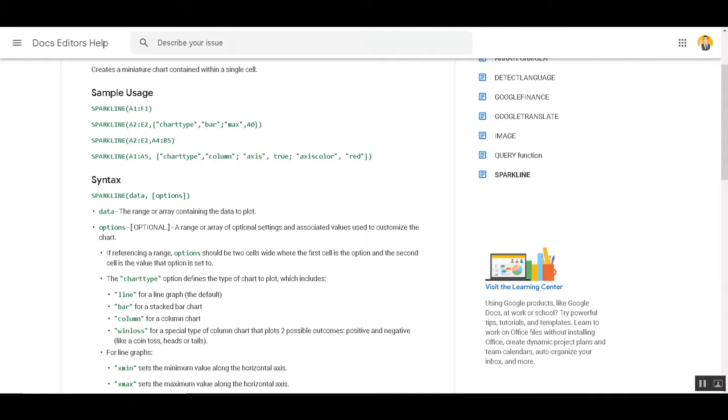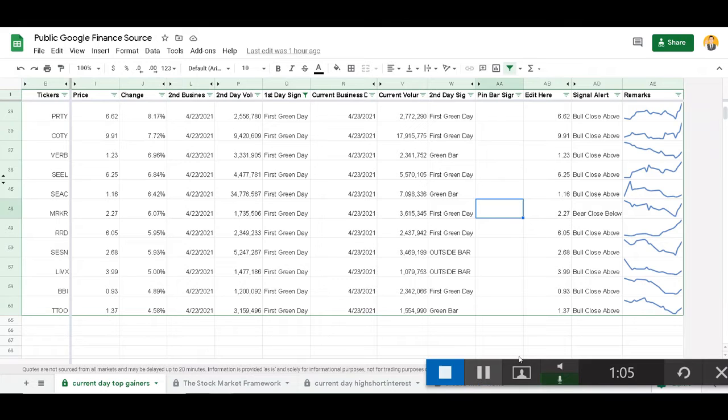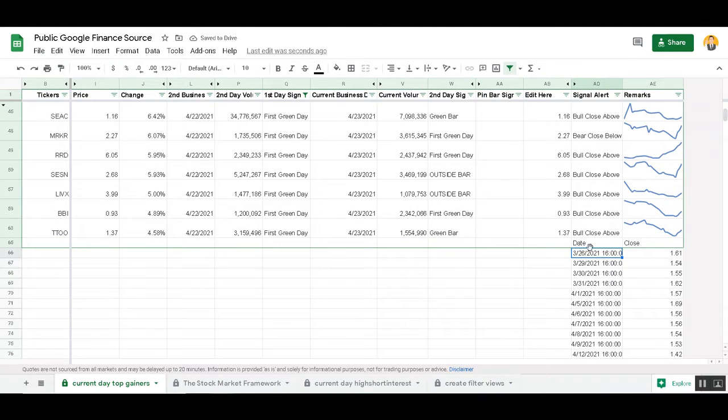What do I mean? Google Finance actually churns out a number of data, as you can see here, for TTOO, the ticker symbol.